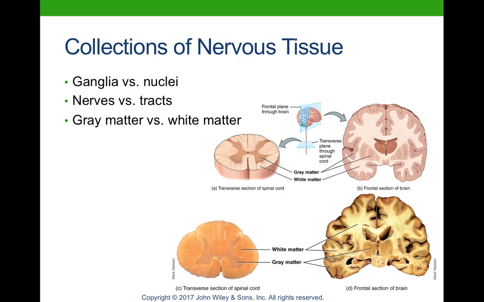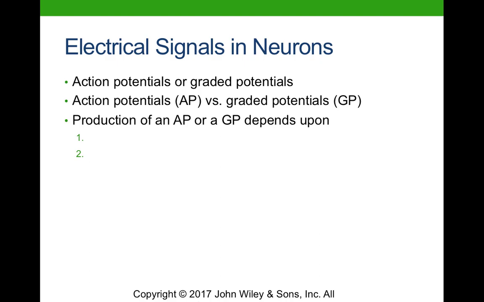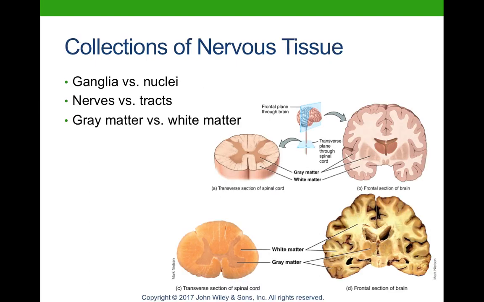So, in other words, the spinal cord and the brain have reverse arrangements of gray and white matter. We will pause here, and you have now been through the nervous tissue and the functions of the nervous system.